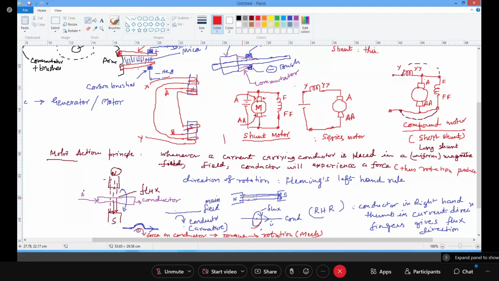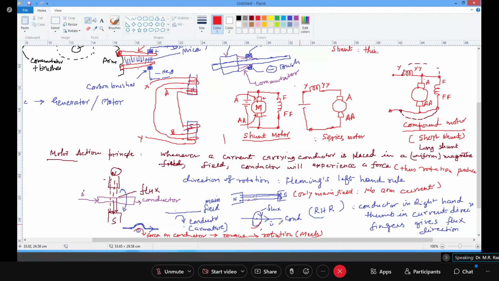I am repeating. This is the field when there is no current flowing, only the main field. No armature current, or conductor current. So the main field is there.